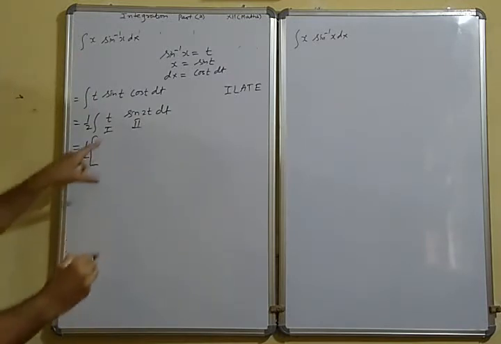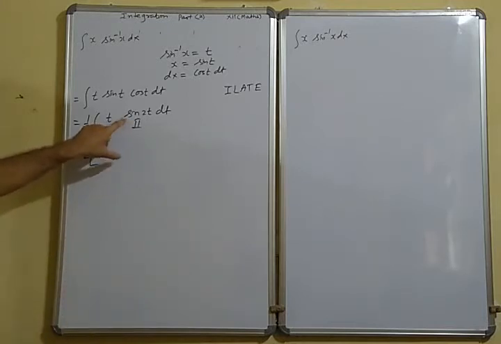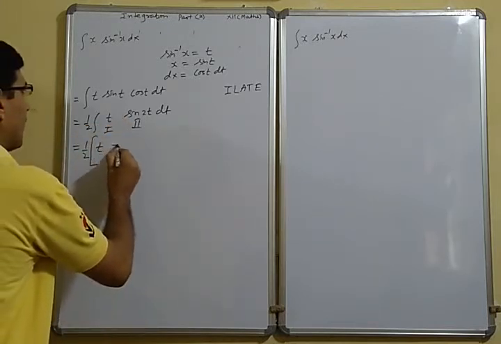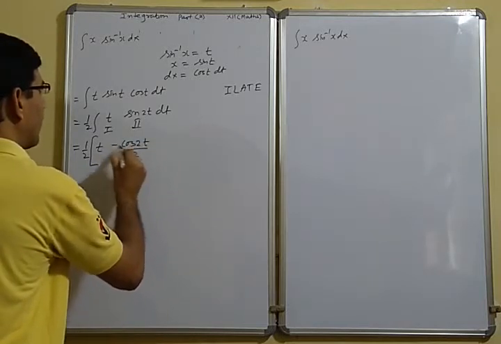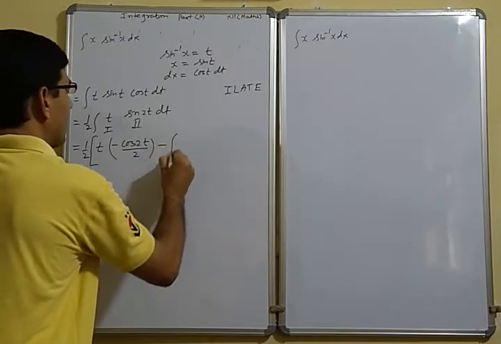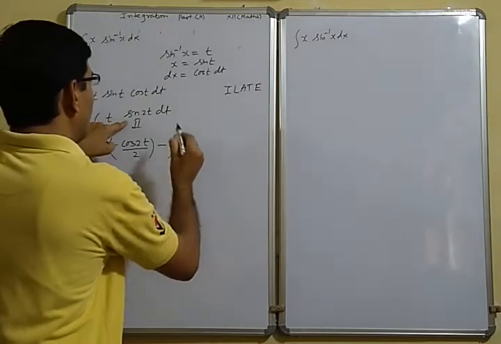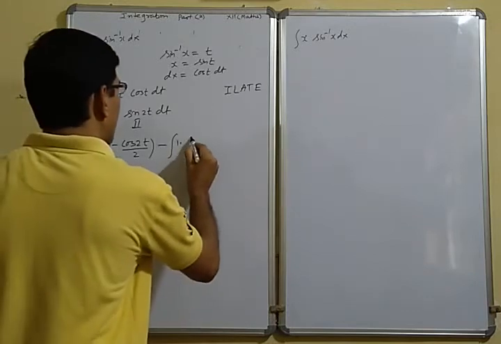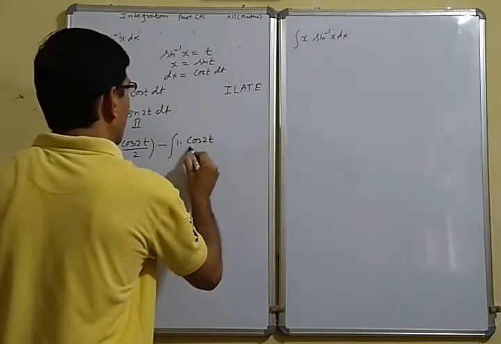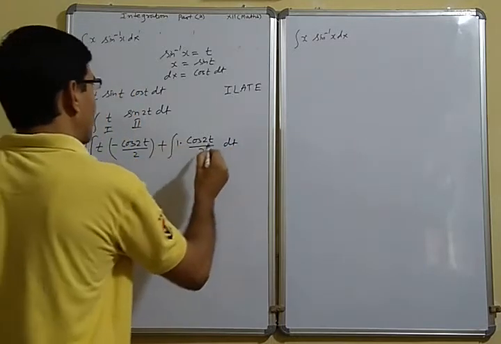1 by 2, first function t, integration of sin 2t, that is minus cos 2t divided by 2, minus integration of d by dt of the first function, that is 1, into integration of sin 2t, that is minus cos 2t by 2 dt, and minus minus becomes plus.